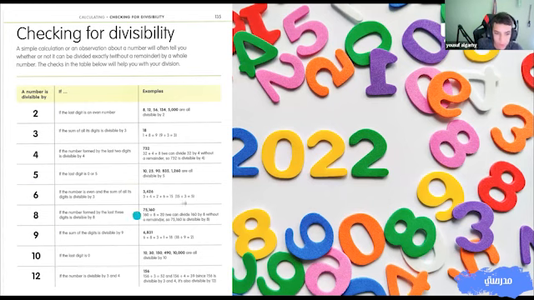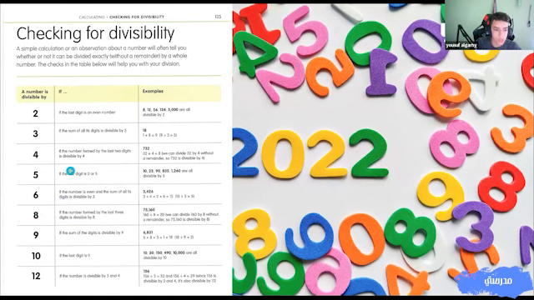Okay. And if you don't know the answer, that's okay. The answer is usually inside of the box if you want to see it. So it says 160 divided by 8 equals 20. Okay. So we can divide 160 by 8 and not have a remainder. So 75,160 is divisible by 8.